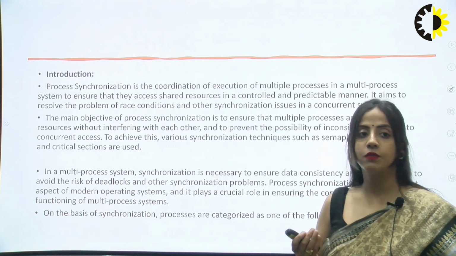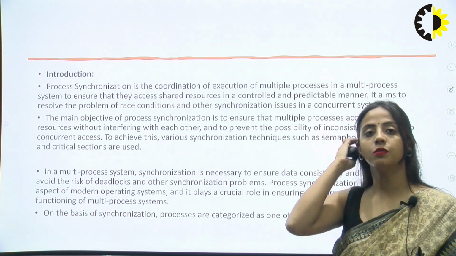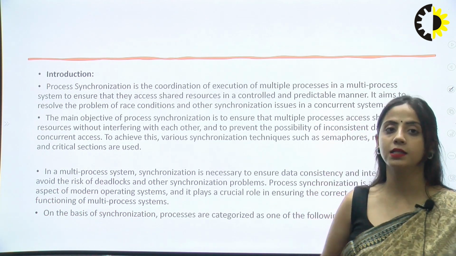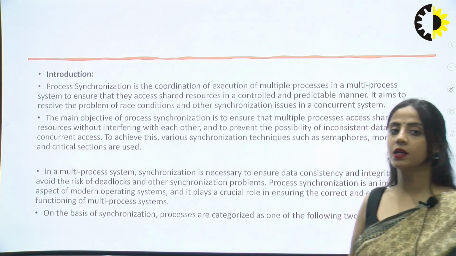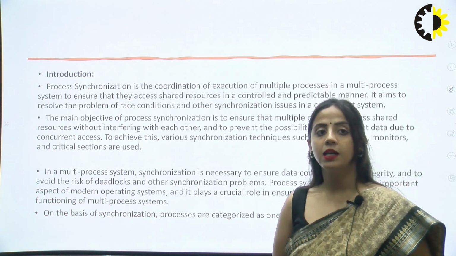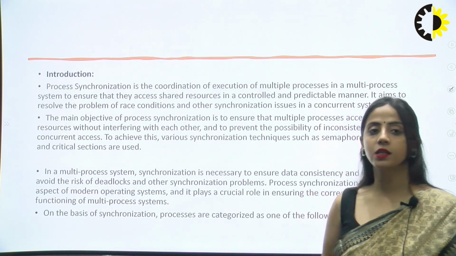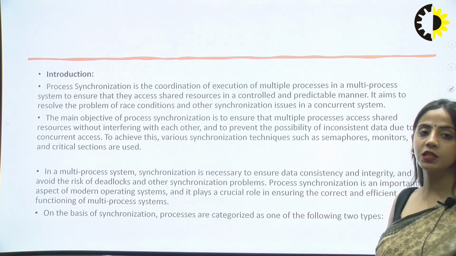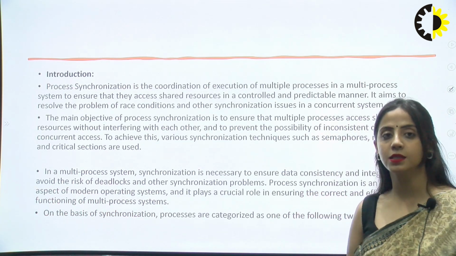Process synchronization is an important aspect of modern operating systems and it plays a crucial role in ensuring the correct and efficient functioning of multi-process systems. When there is a multi-process system, synchronization is needed so that data consistency and integrity are maintained, and to avoid the risk of deadlocks and other synchronization problems.